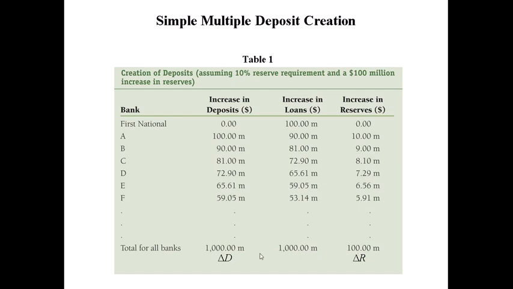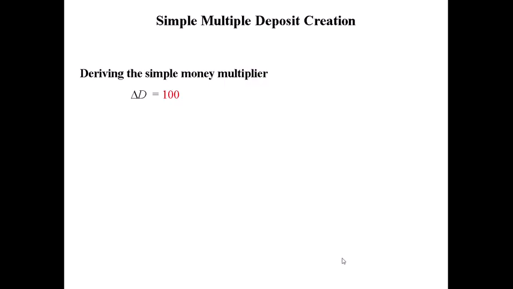Another way to think about that is, rather than multiplying this side by 10%, we can divide both sides of this equation, where this times 10% equals that, by 10%. And 1 divided by 10% is 10. We call that 10 the simple money multiplier.